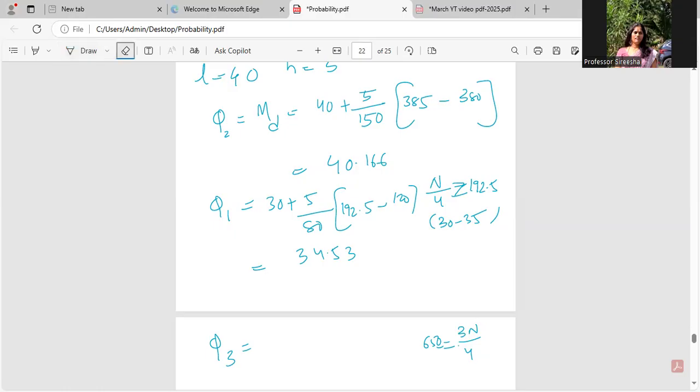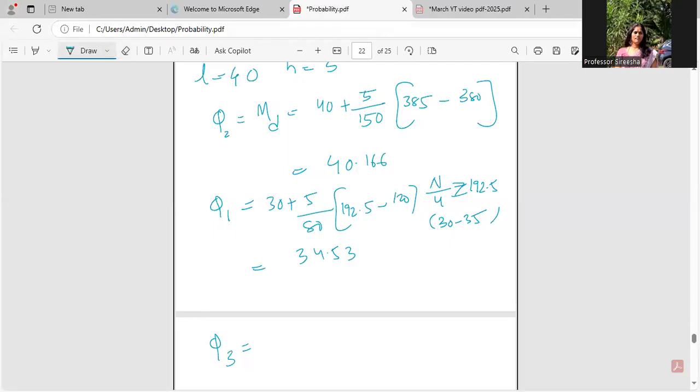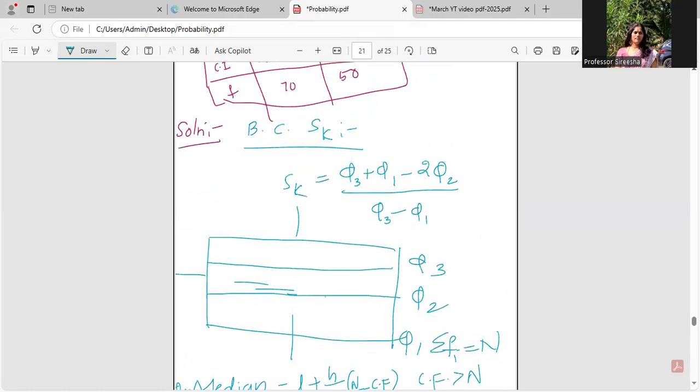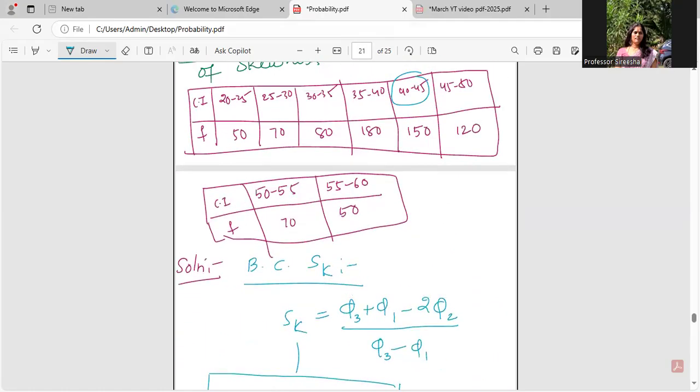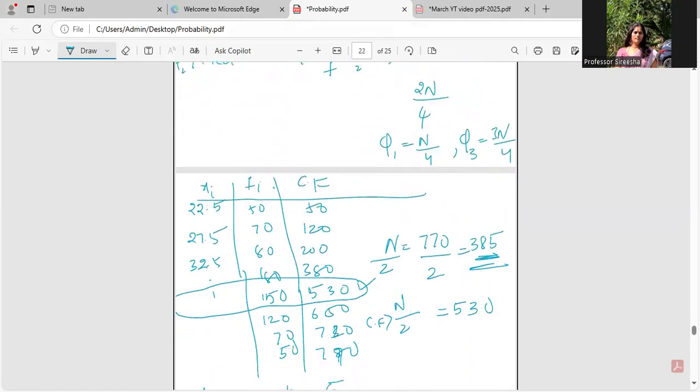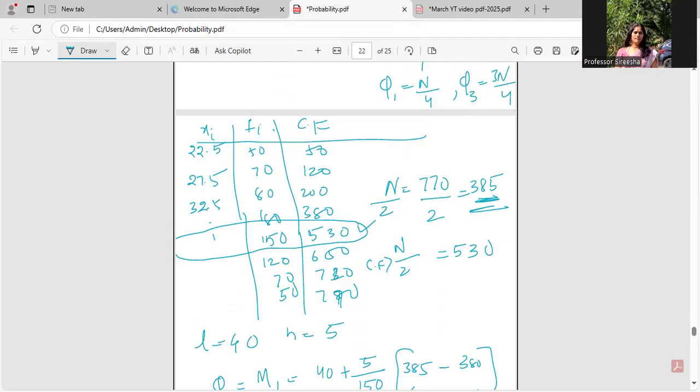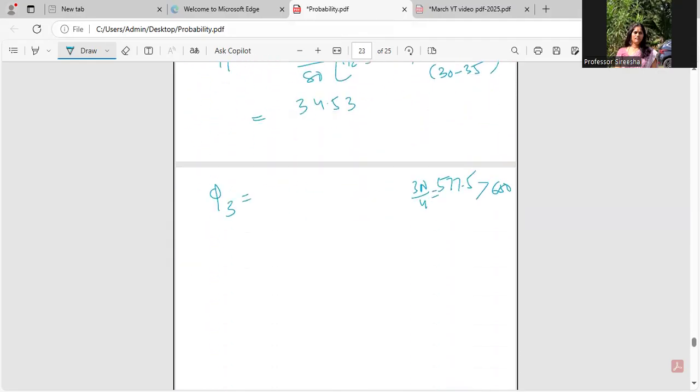I'm sorry, 3n by 4 value I'm getting to be 577.5. Class little greater than that I will be considering, which would be 650. You can just see in the cumulative frequency table, I'll just scroll up. Yeah, so that class I will be considering for 3n by 4.